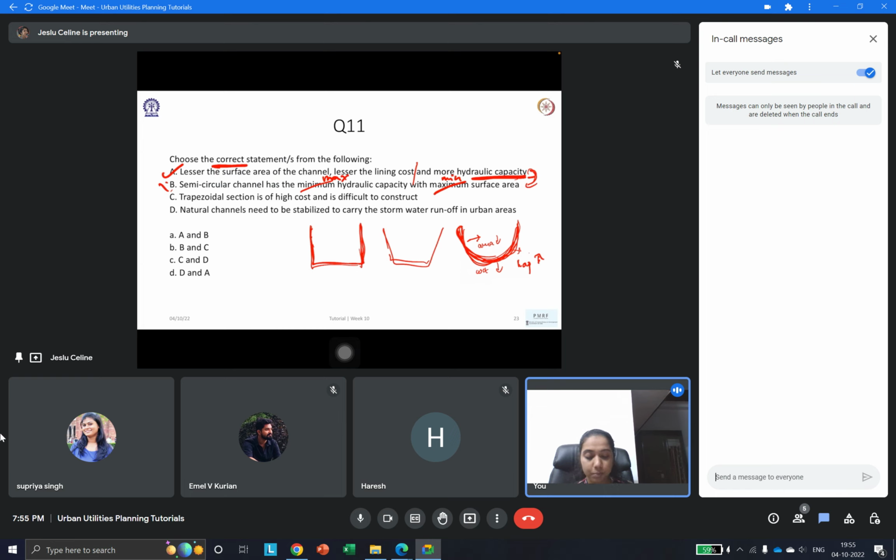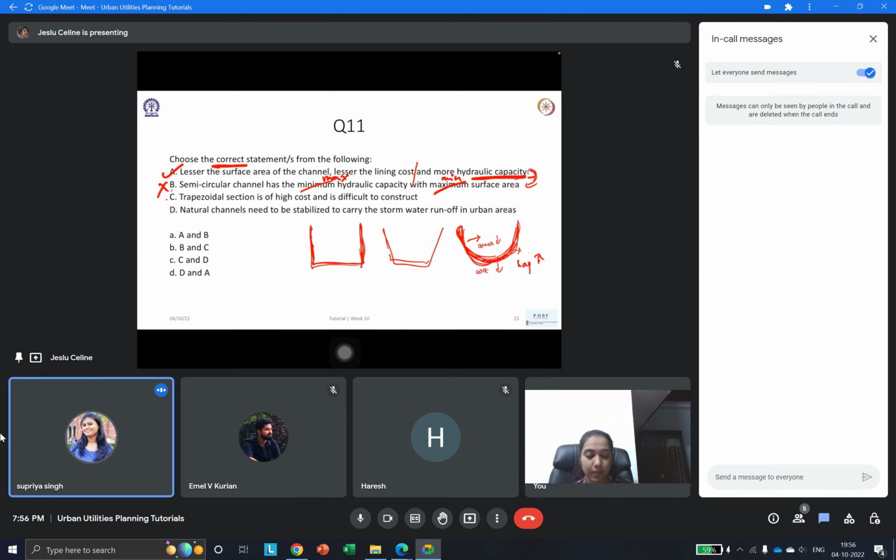What about the third one? Trapezoidal section is of high cost and is difficult to construct. Yes, this is correct. Supriya says this is correct. And what about D? Natural channels. Cost is high, but difficult to construct? I think this is true.